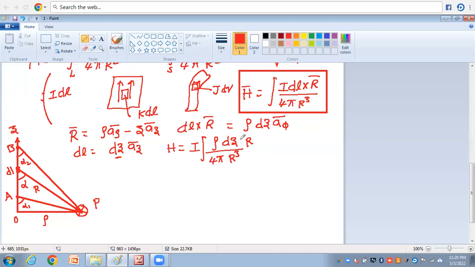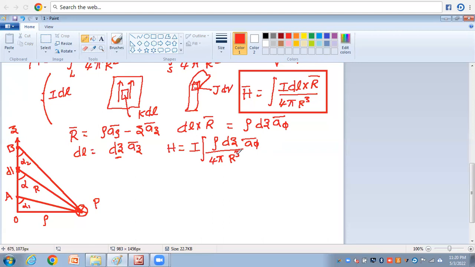What does this R bar mean? Already this dl bar cross R bar, the final expression is rho az and a phi bar. Already I had derived this R bar. Anyway, this is the final discussion.